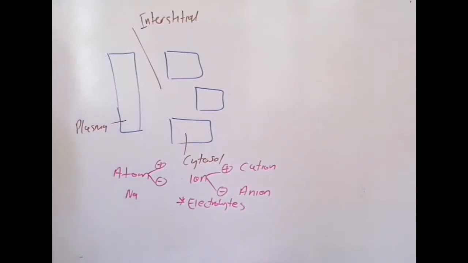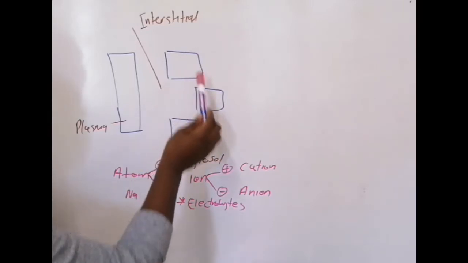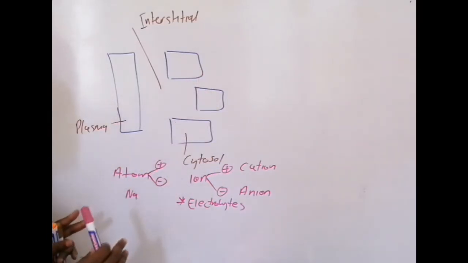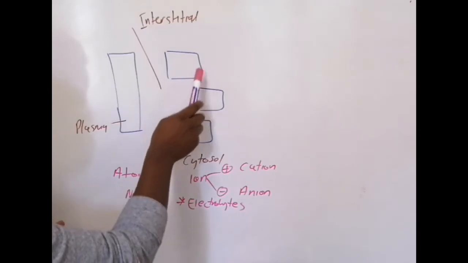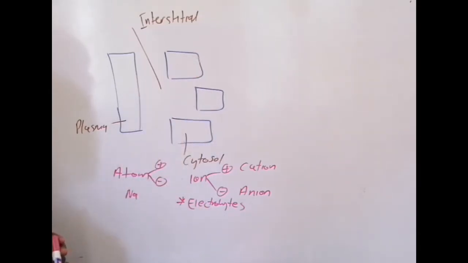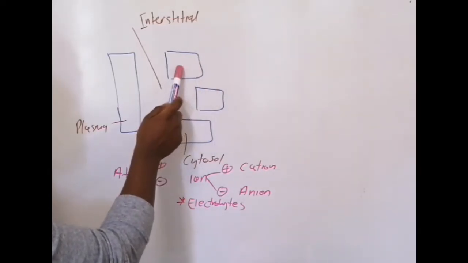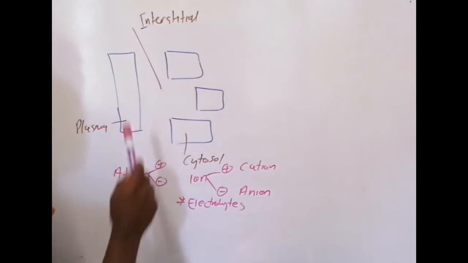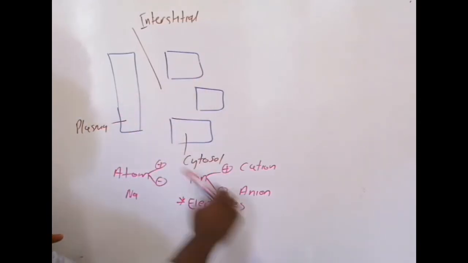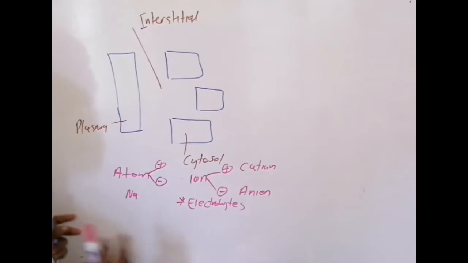These electrolytes are the main solutes in these fluid compartments, and they determine the movement of water across this bilipid layer. Whether water is going to move from the interstitial space into the intracellular space or vice versa depends on the concentration of solutes, or these electrolytes, across that bilipid layer, right?